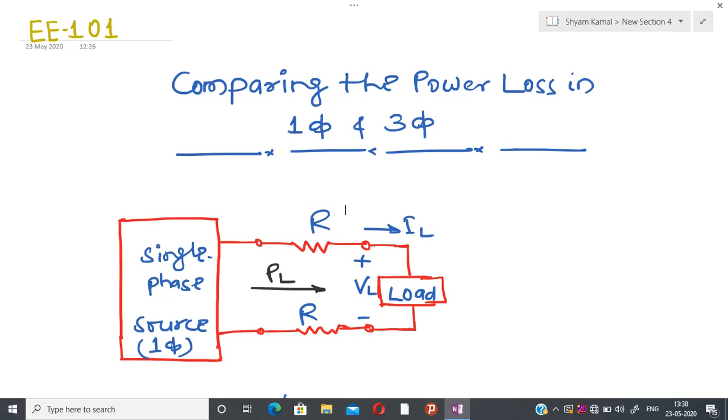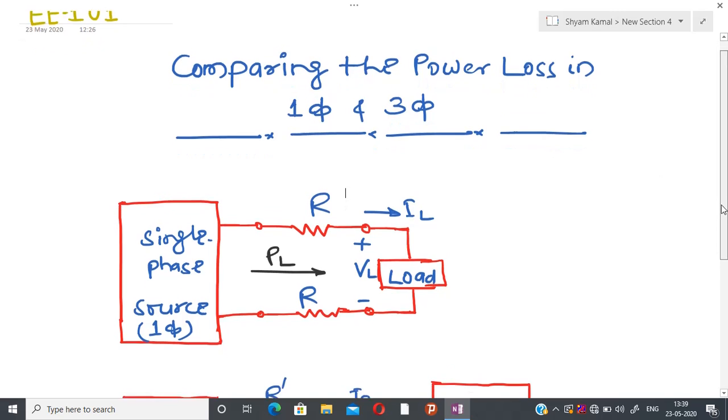In order to establish this I have to assume something. So let us see the comparison between the one phase and three phase systems.